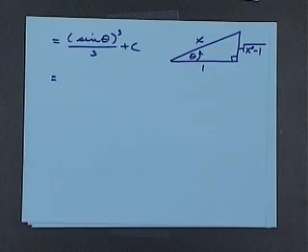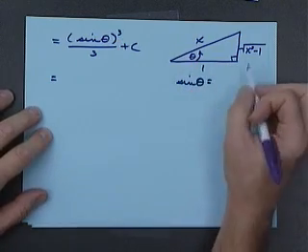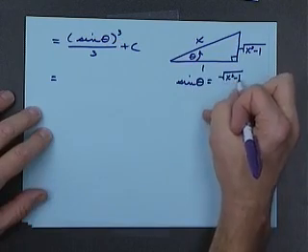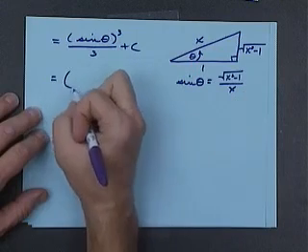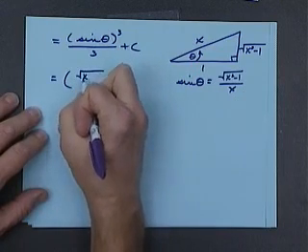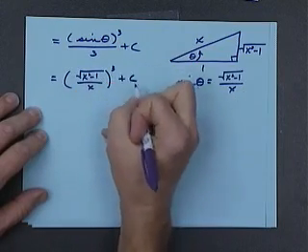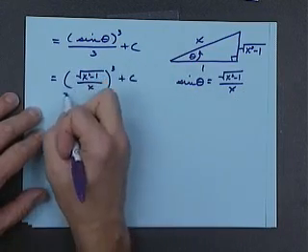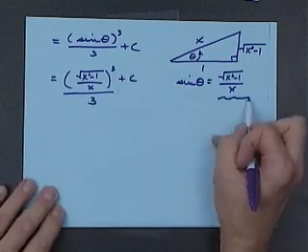So what can we replace for sine of theta? Opposite over hypotenuse. So from this diagram, sine of theta is opposite over hypotenuse, and that's what we will replace for sine of theta. So sine of theta gets replaced by this.